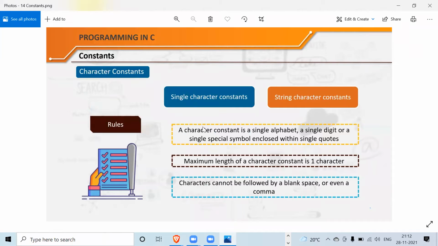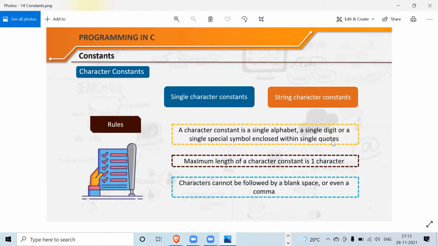Next, we have character constants. Now, character constants, as I told you before, are of two types. One is the single character constant, another is the string character constant. There are some rules here also. A character constant is a single alphabet, a single digit, or a single special symbol enclosed within single quotes.